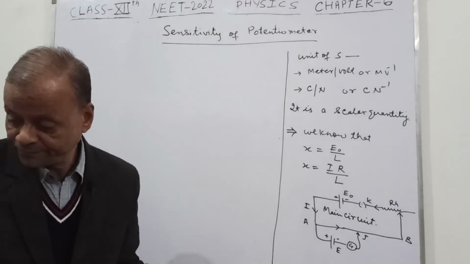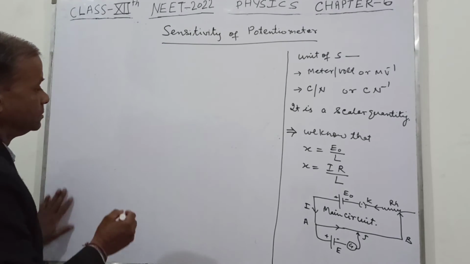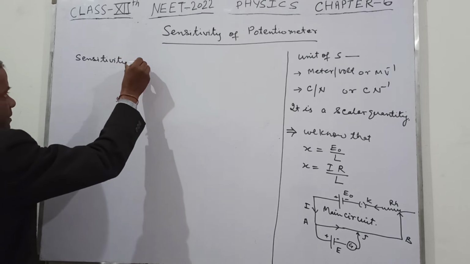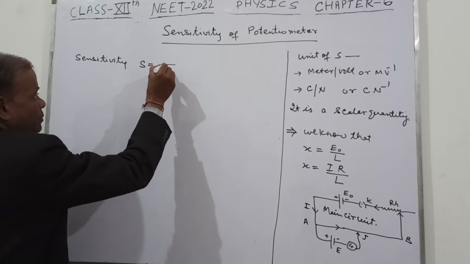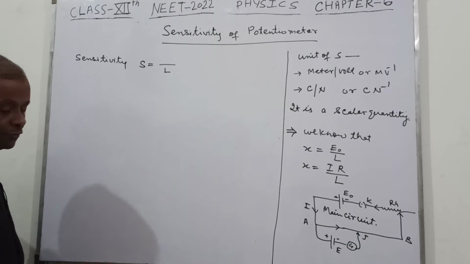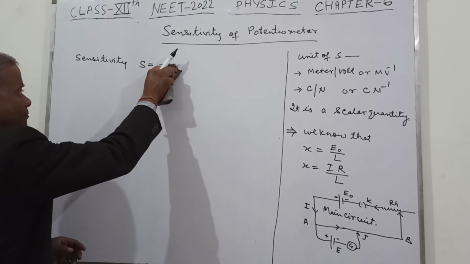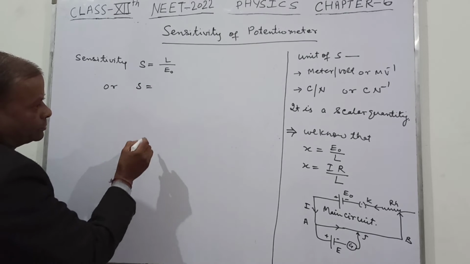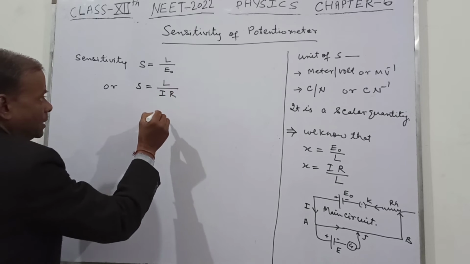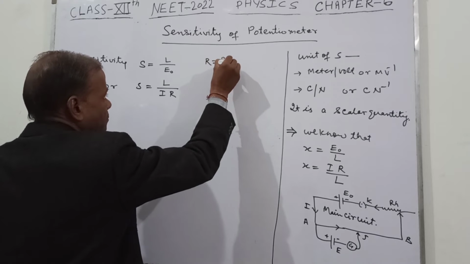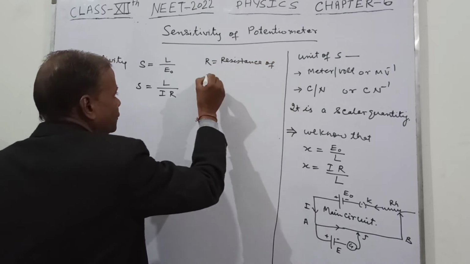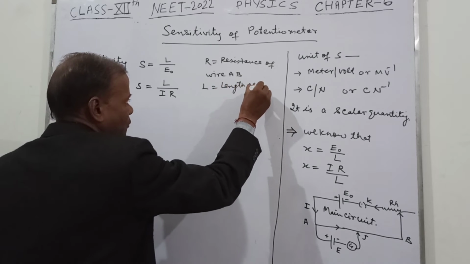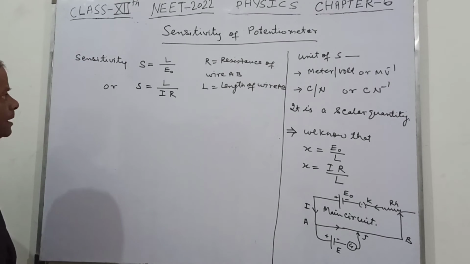So now if we use these terms, then sensitivity S equal to L upon E naught, or S equal to L upon I into R, R equal to resistance of wire AB, L equal to length of wire AB, I the current.